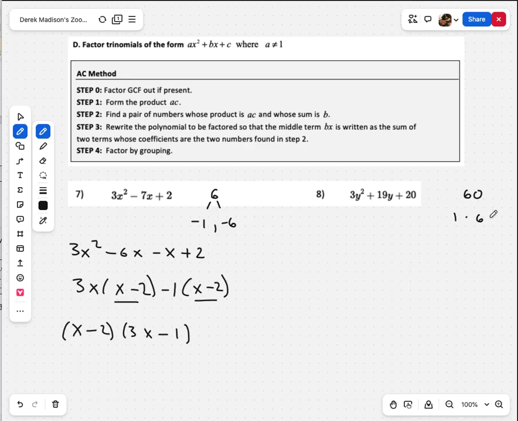So 1 times 60, 2 times 30, 3 goes in 20 times, 4 goes in 15 times, and that's going to be our number, but 5 goes in 12, and 6 goes in 10. And so if you make that list with all the possible factors, you will run into the right thing here, even when it's a hard spot.